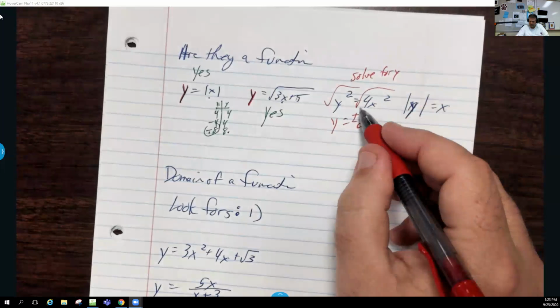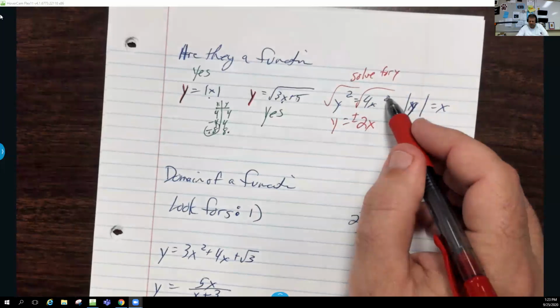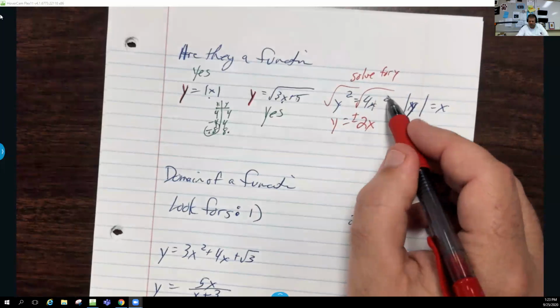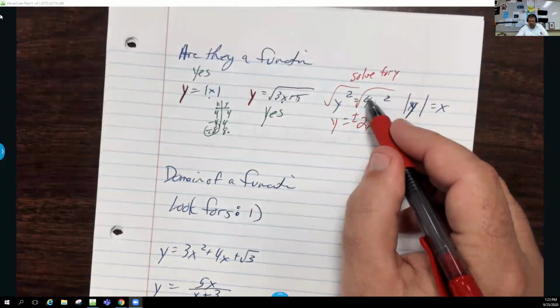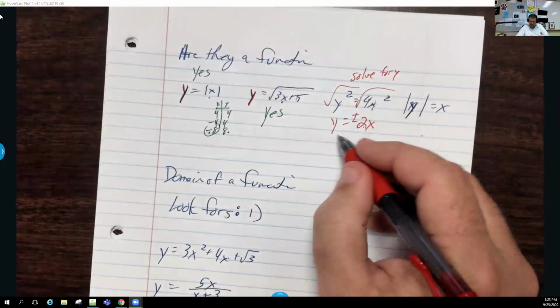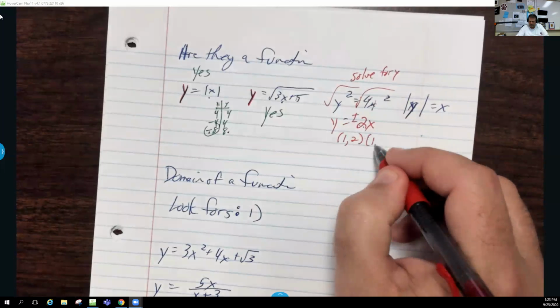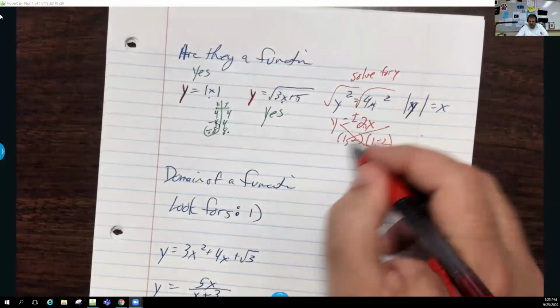Because if I put a 1 in, 1 squared is 1. 1 times 4 is 4. Square root of 4 is plus or minus 2. Well, that's two different numbers. That would be saying, like, if I plug a 1 in, I get a 2. But if I plug 1 in, I get negative 2. This is not a function.